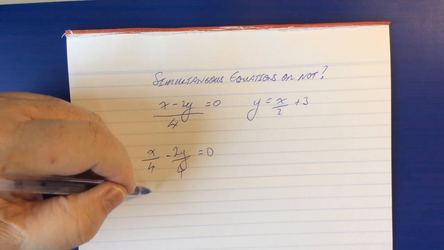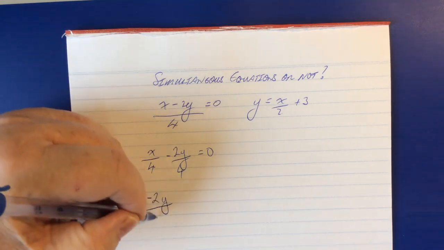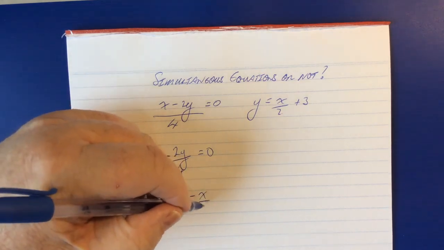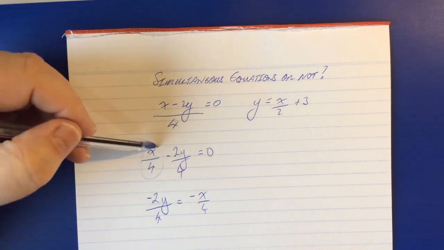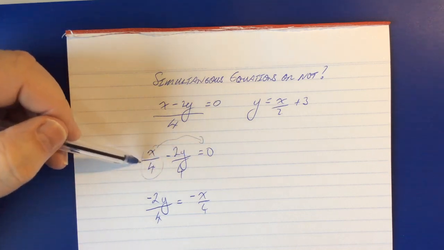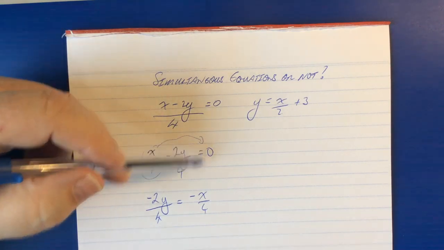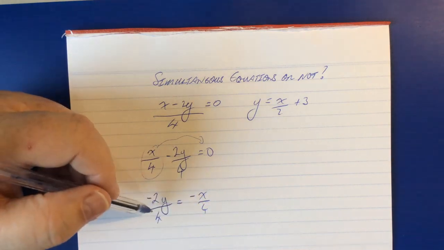And then I'm going to rearrange this a little bit. Negative 2y on 4 equals negative x on 4. So I've left this in position and I've moved this expression completely over here because this was positive, or adding, to this side of the equation. I've subtracted it from this, so I must subtract it from this side. Hence we get that.